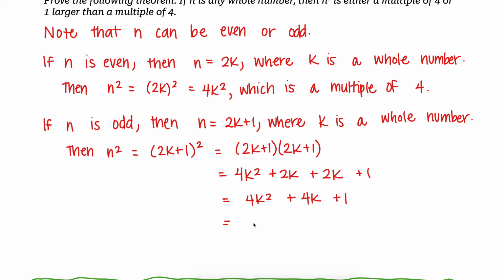And we can write this as 4 times (k squared plus k), plus 1. So notice this first part is a multiple of 4, because it's literally 4 times something, plus 1. So this is 1 larger than a multiple of 4.